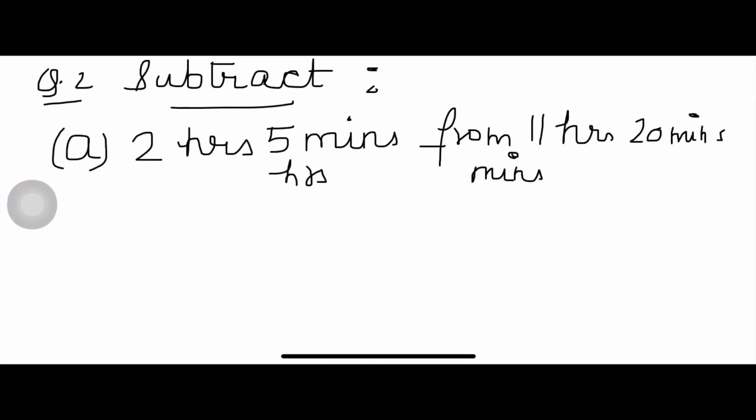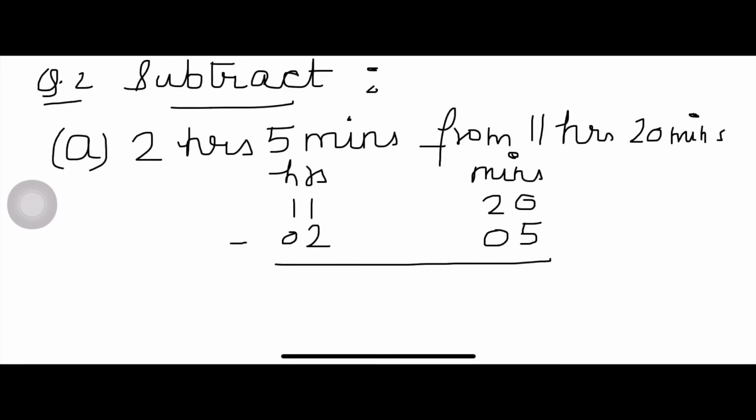Now see, you have to subtract 2 hours 5 minutes from 11 hours 20 minutes. So first we will write 11 hours 20 minutes because we have to subtract from 11 hours 20 minutes. Now subtract 2 hours 5 minutes. 0 became 10, 2 became 0.